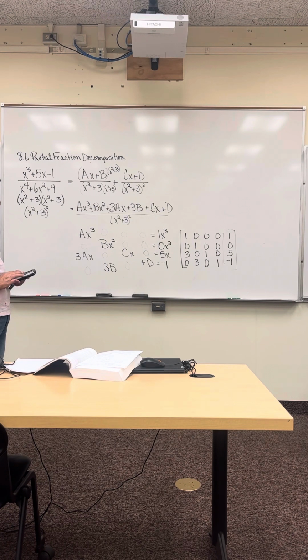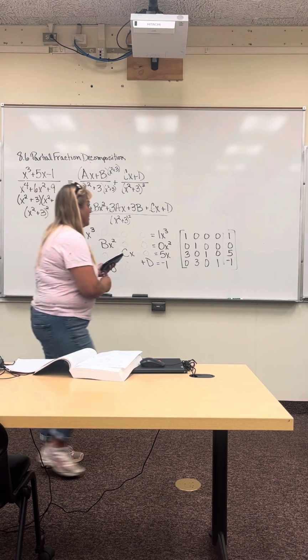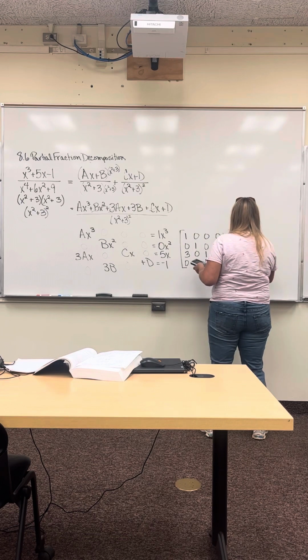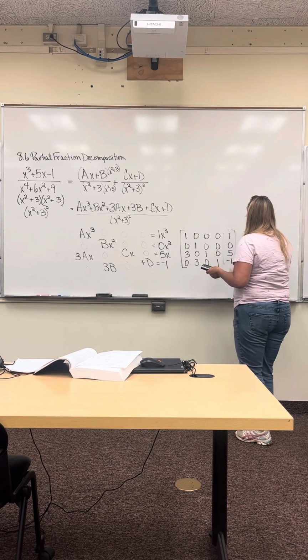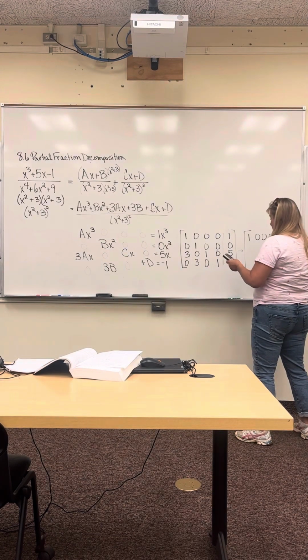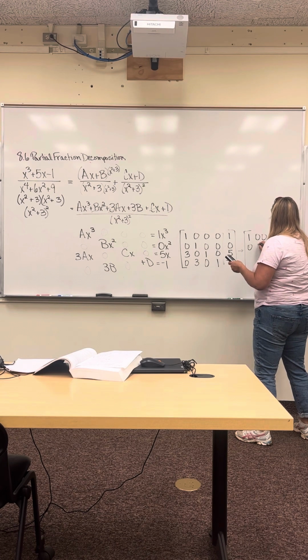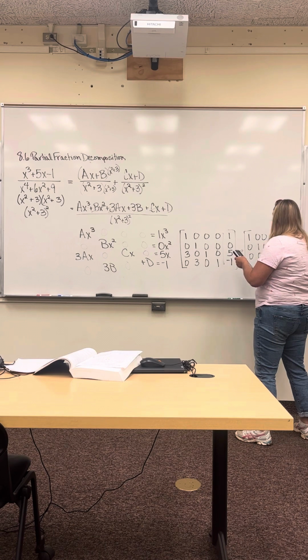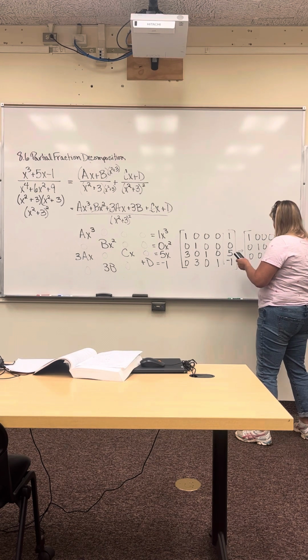Oops, clear, I messed up. I hate it when you mess up. RREF. Matrix, I'm using A. Okay. 1, 0, 0, 0, 1, 0, 1, 0, 0, 0, 0, 0, 1, 0, 2, 0, 0, 0, 1, -1.